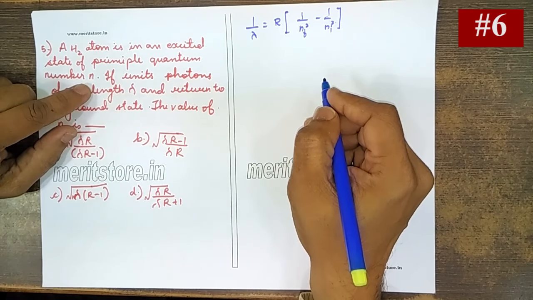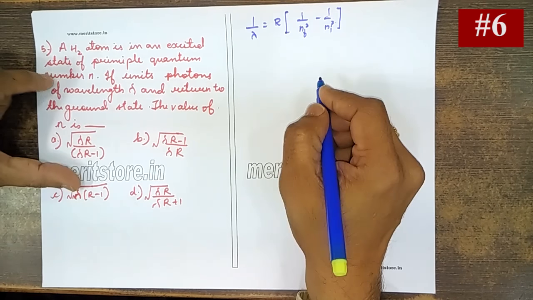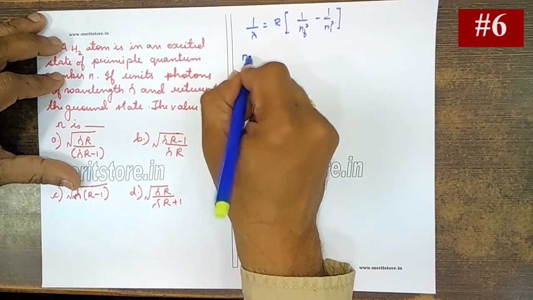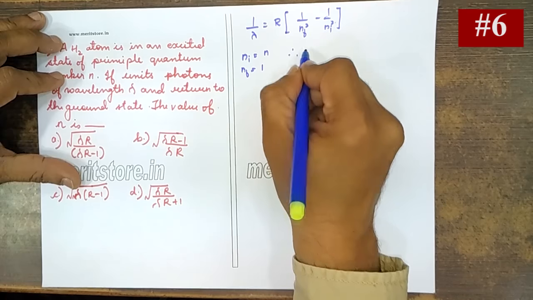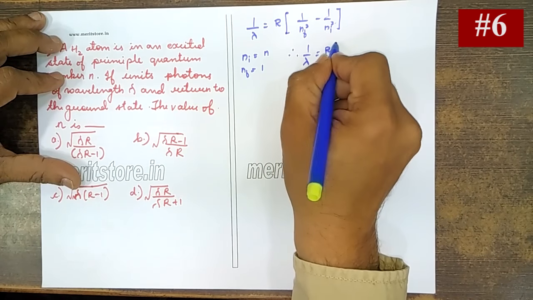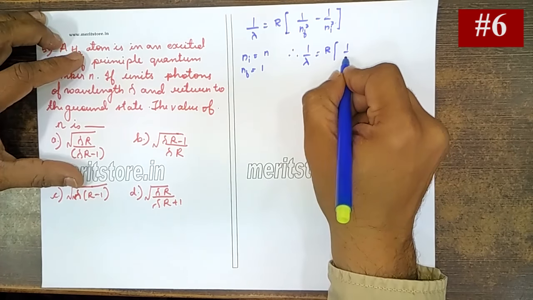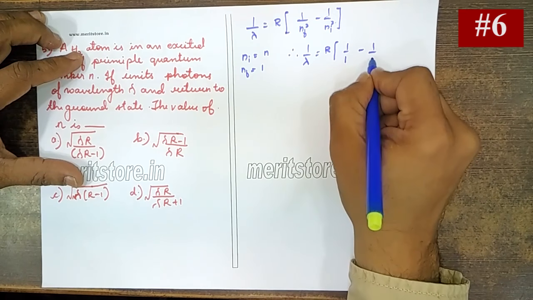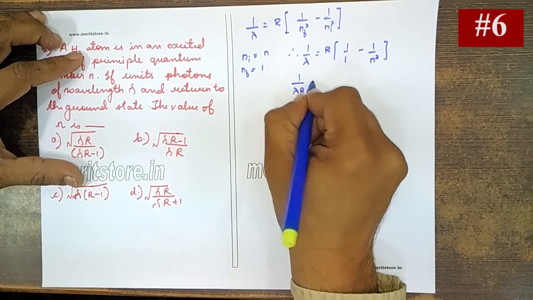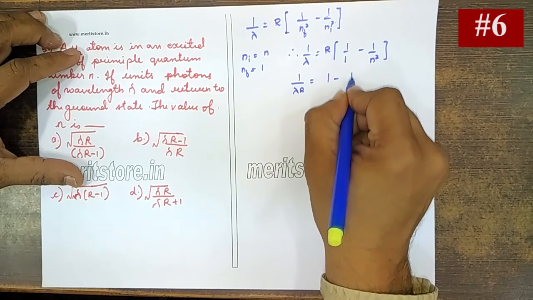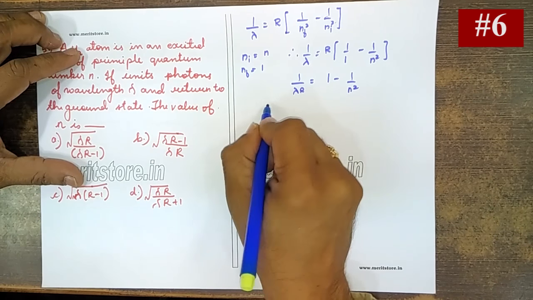Now here they have said the initial state is n and the final state is the ground state. So my ni becomes n and nf becomes 1. Therefore 1 upon lambda is equal to R into 1 upon 1 squared minus 1 upon n squared. So 1 upon lambda R is equal to 1 minus 1 upon n squared.